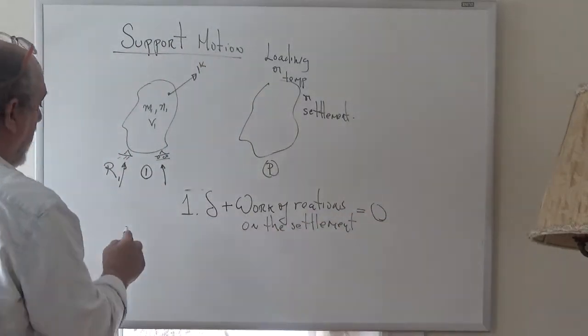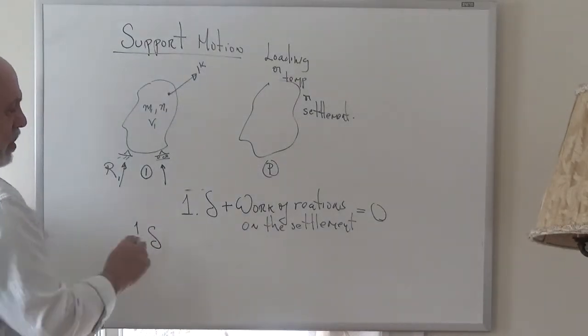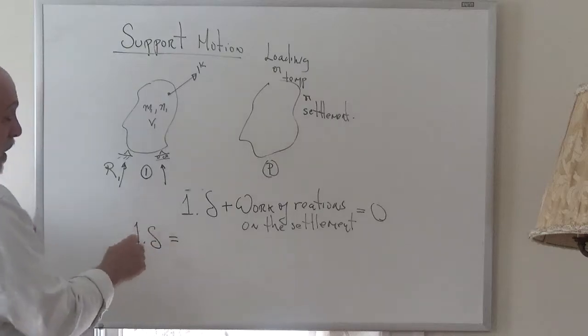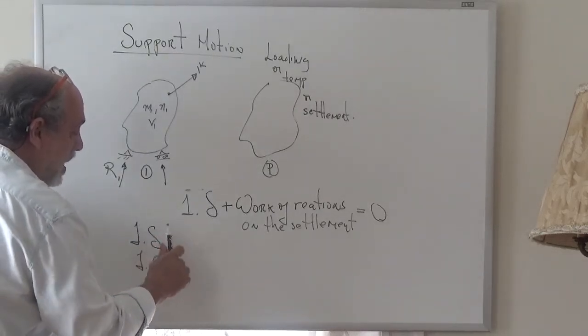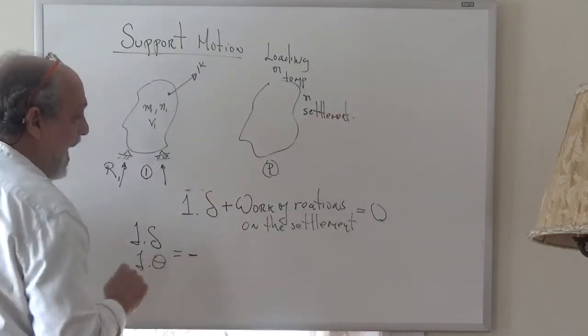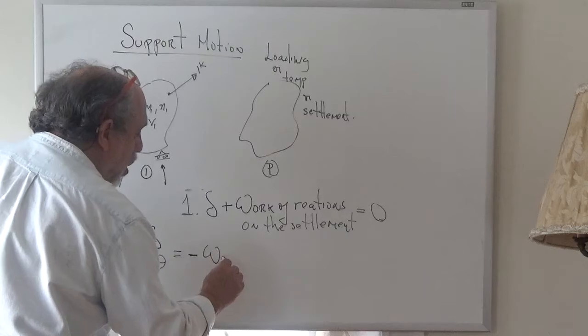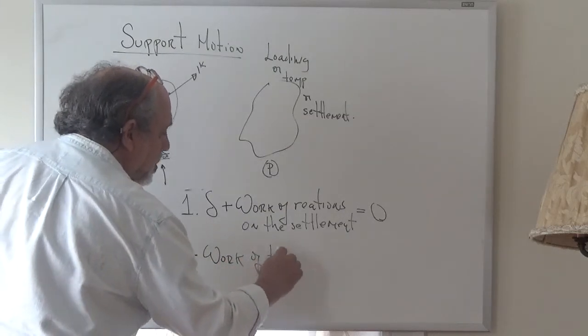And what we find is the formula that 1 times the deformation we want, or 1 times the angle, if it was a unit moment that we applied to get a rotation, is simply the negative of the work of the reactions.